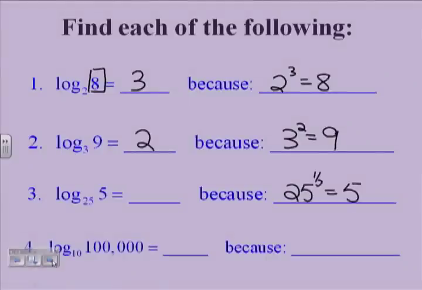That would mean 1/2 power. So in fact, log base 25 of 5 is 1/2 because 25 to the 1/2 power will give you 5. A lot of times in logarithms, as you try to figure out what they're equal to, you've got to do some backwards thinking.